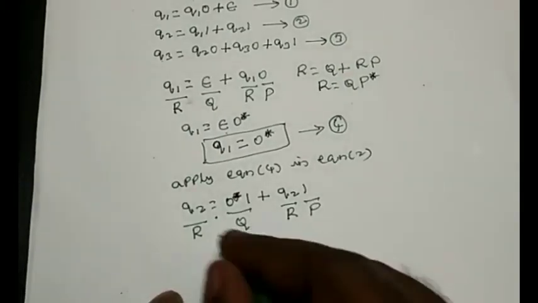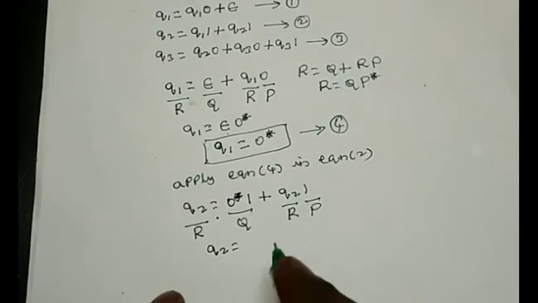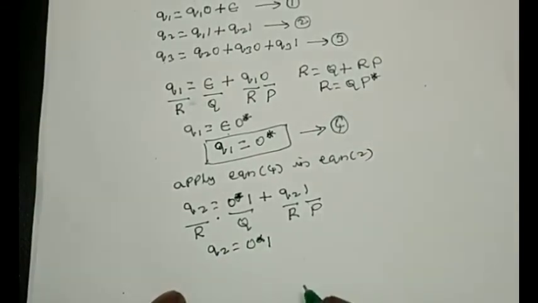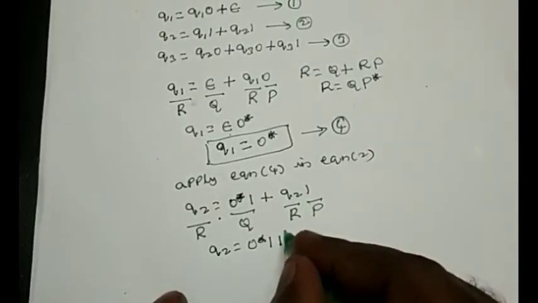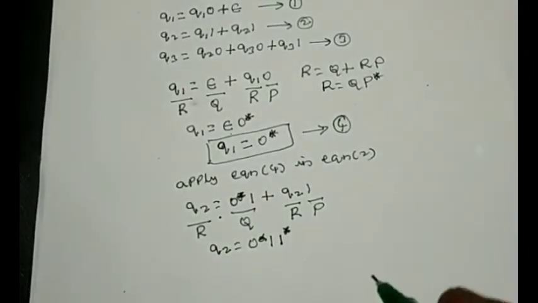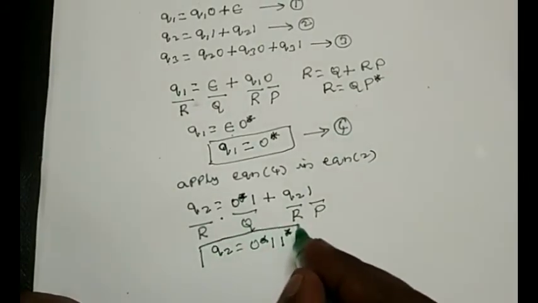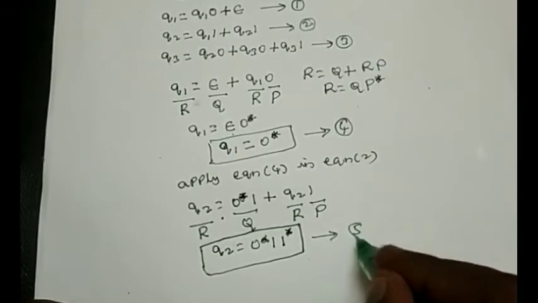You will get Q2 equal to, and Q is 0 star 1, and P is 1 here, so you put star for this P. Now you have got the value of Q2. This is named as equation number 5.